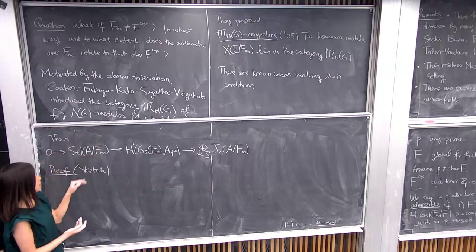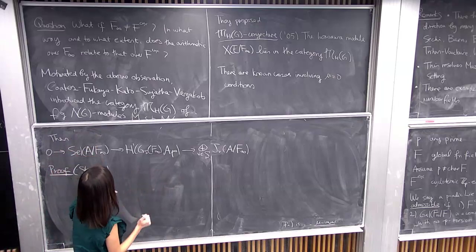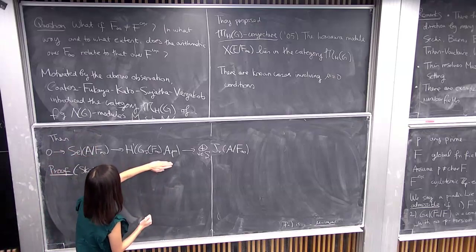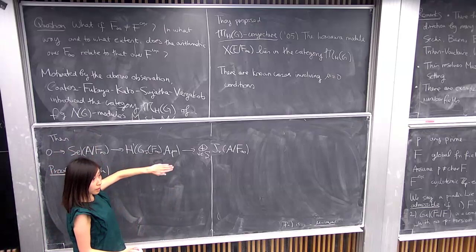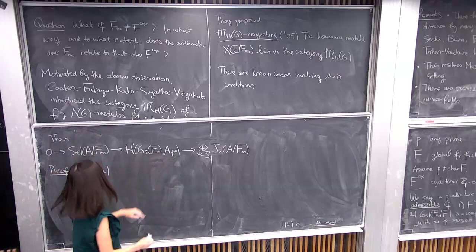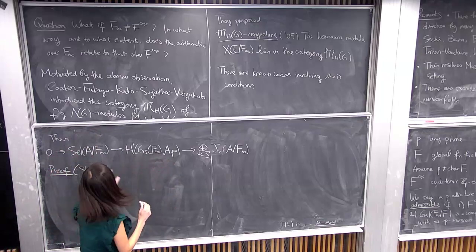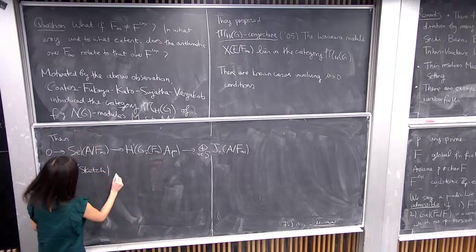But in particular, looking at this short exact sequence, it suffices to show this for this bigger thing. Have to take the duals first. Yes, yes. So yes, thank you.